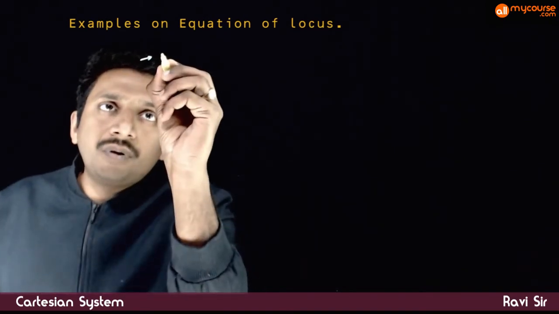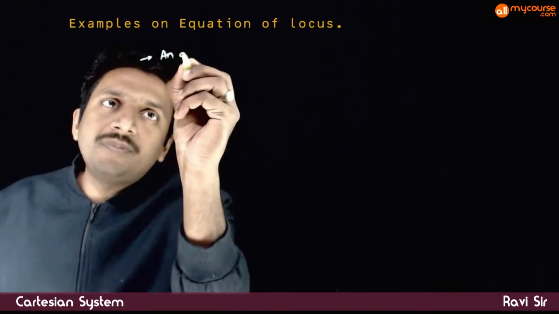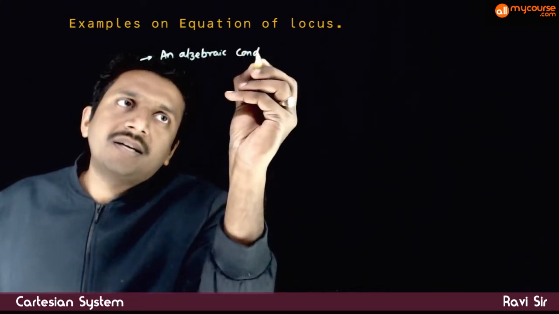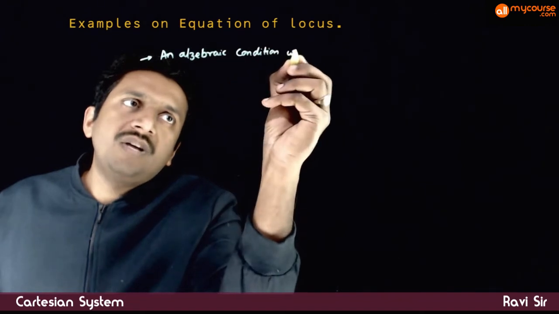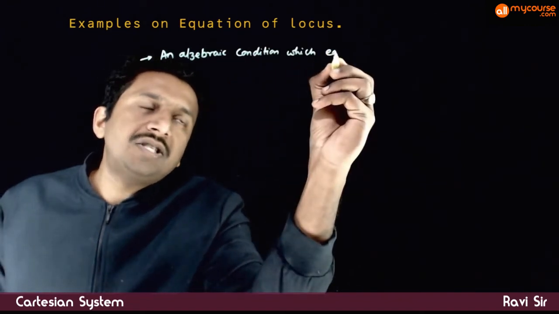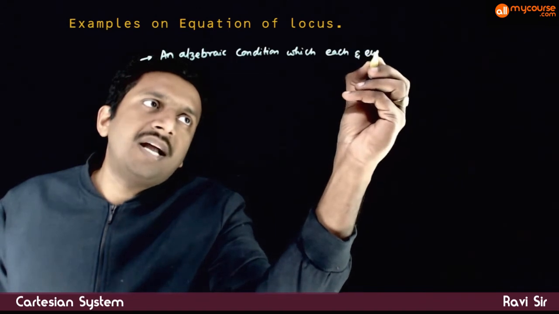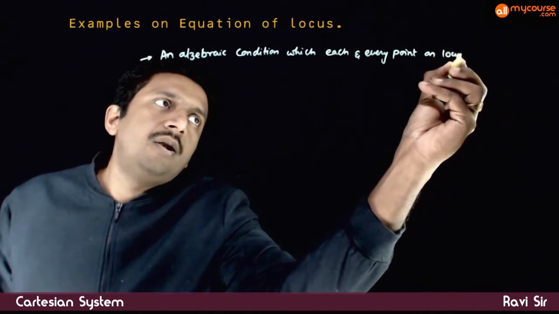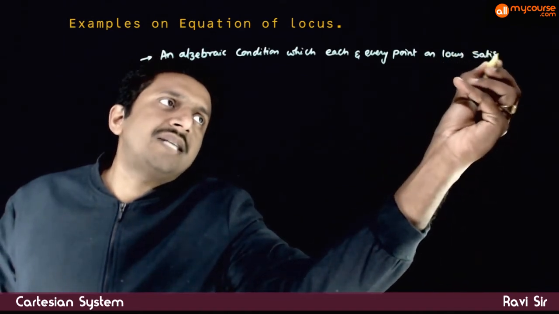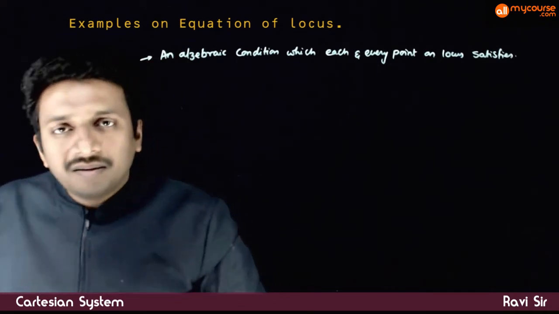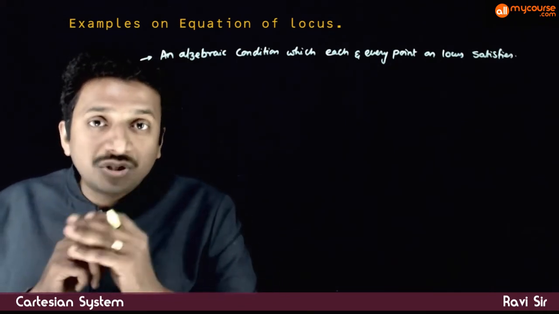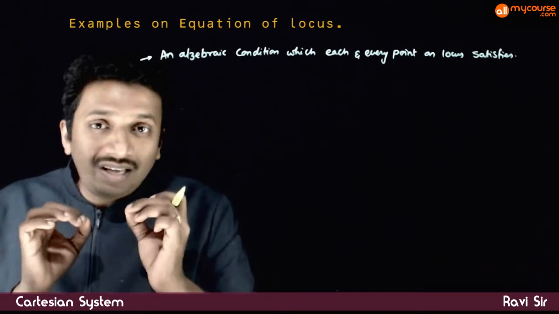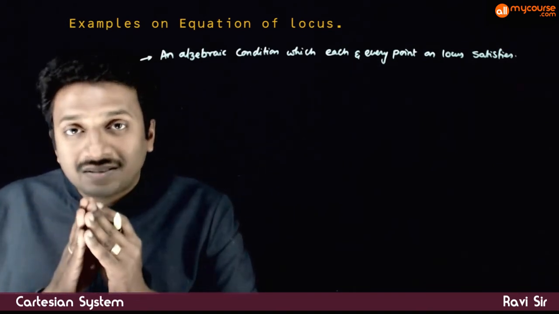The equation of locus is an algebraic condition which each and every point on the locus satisfies. So once you go to the equation of locus, you have to derive a mathematical condition which each and every point on the locus satisfies.